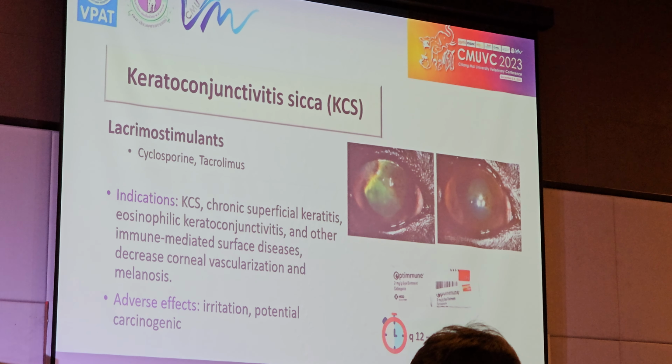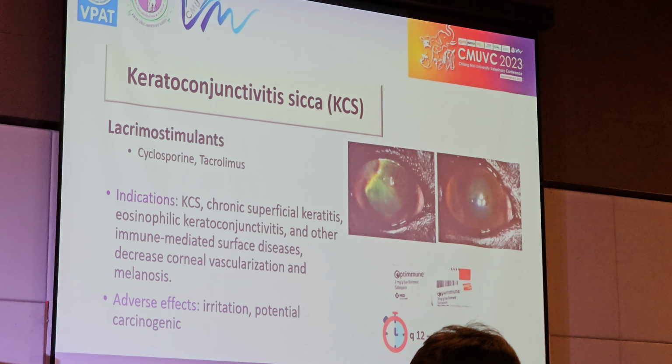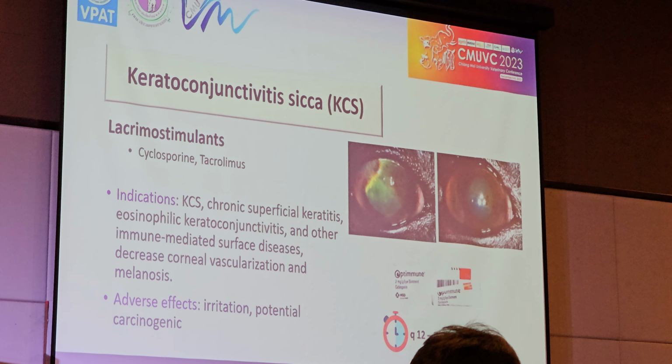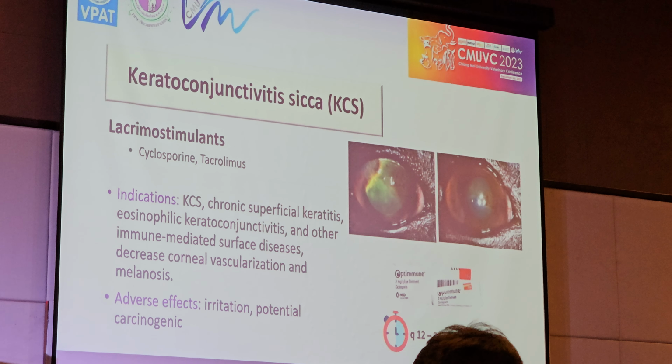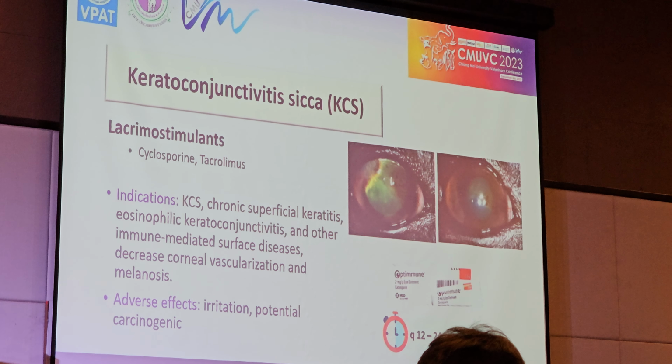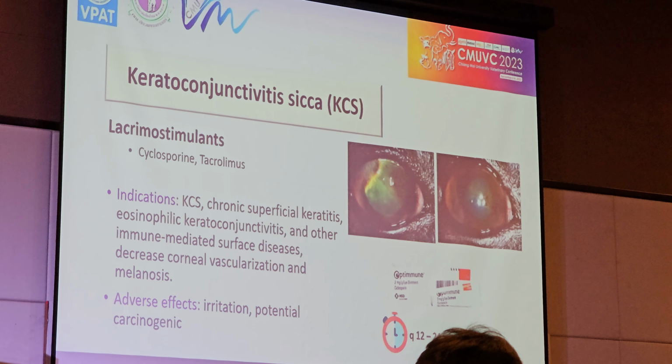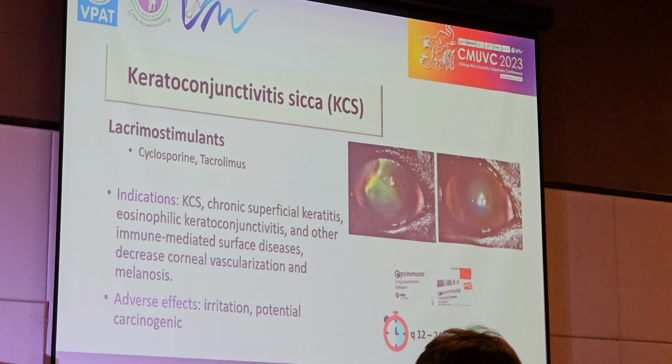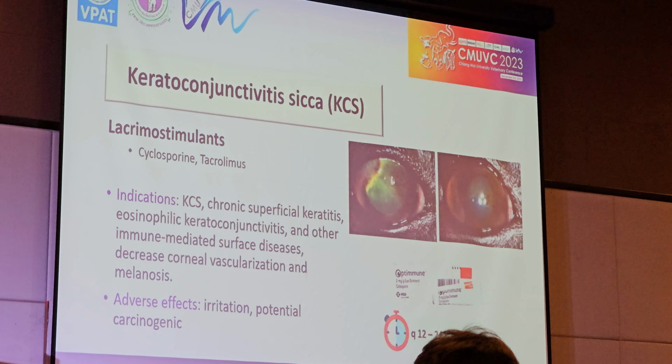In addition, it decreases the corneal vascularization and melanosis. The adverse effect of this drug is irritation, and with prolonged use it can potentially be carcinogenic. The frequency of the topical application can be 1 to 2 times daily for the desirable effect.